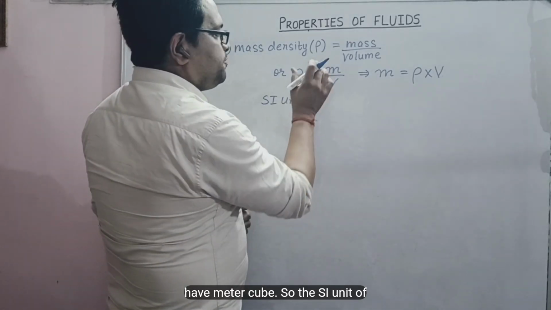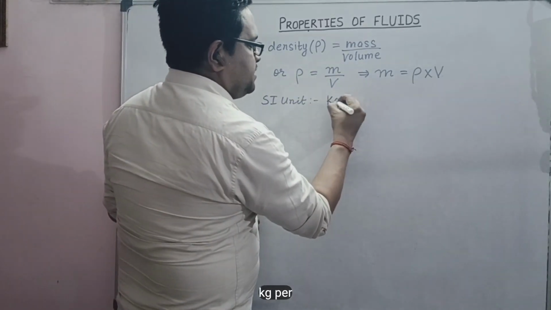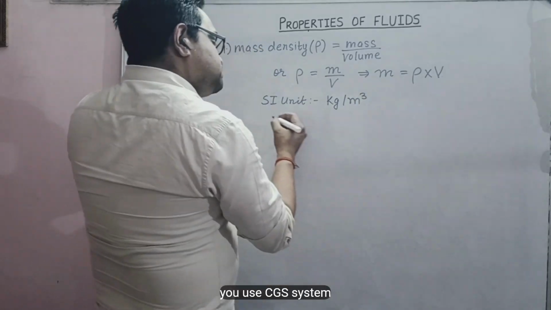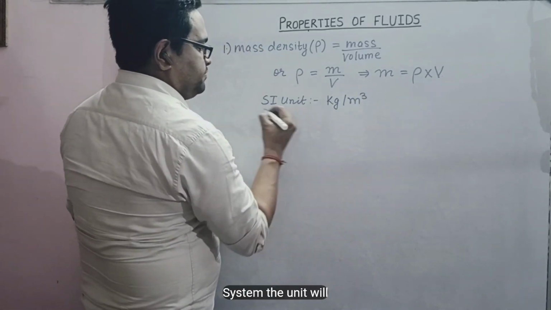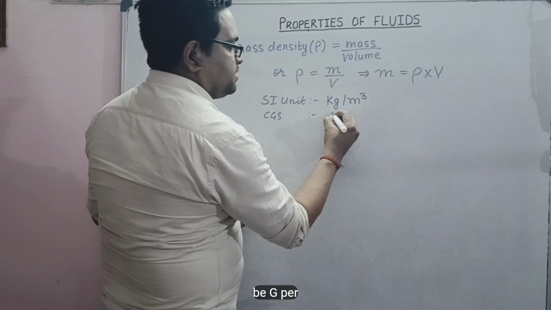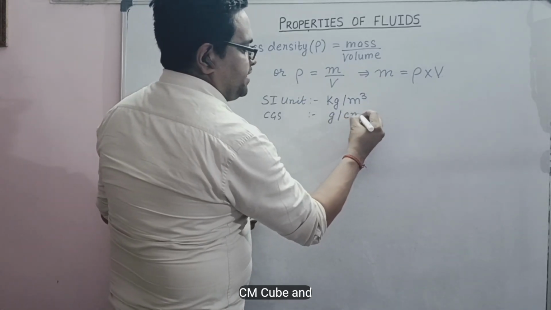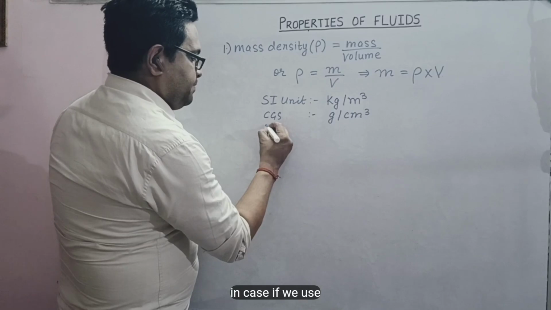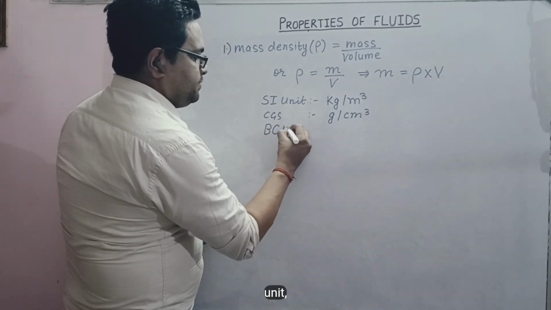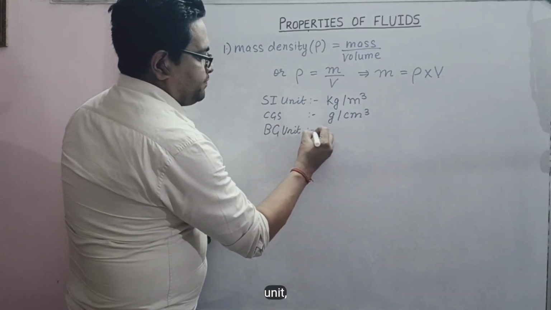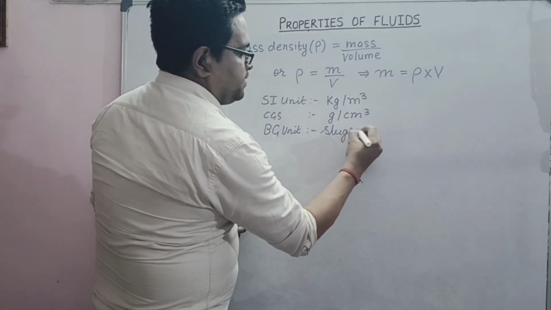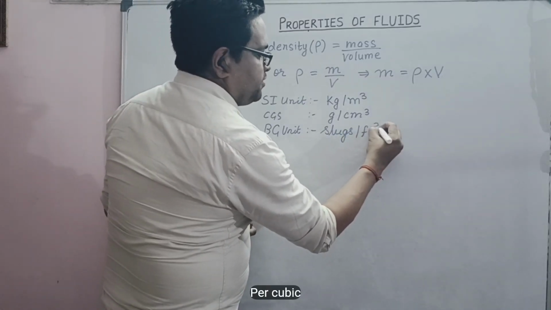So the SI unit of mass density is kg per meter cube. If you use the CGS system, the unit will be gram per centimeter cube, and in case we use the British gravitational unit, it is slugs per cubic feet.